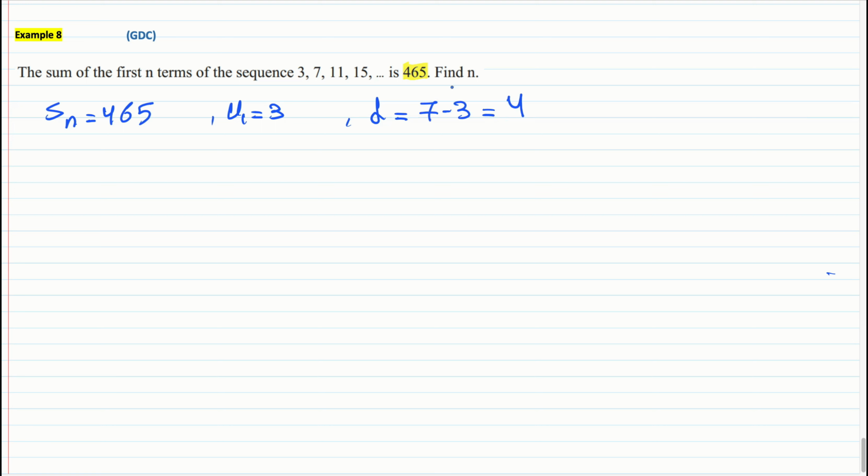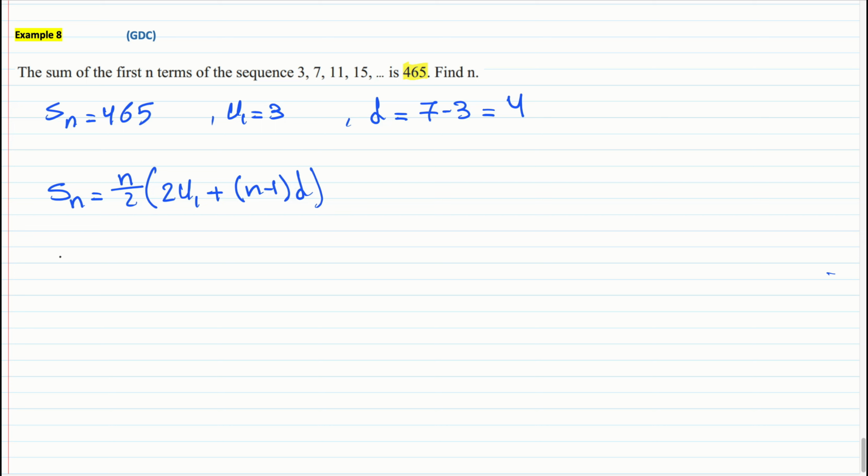You want to find how many terms you have to add in this sequence to get the sum equal to 465. So for Sn, we're going to use n over 2, 2u1 plus n minus 1 d, because you have the common difference and the first term.